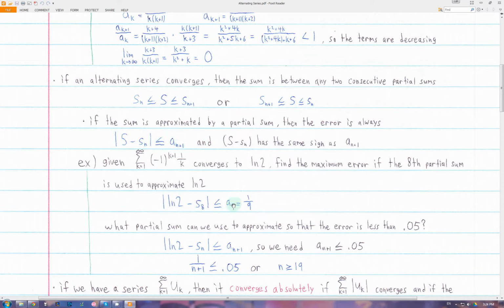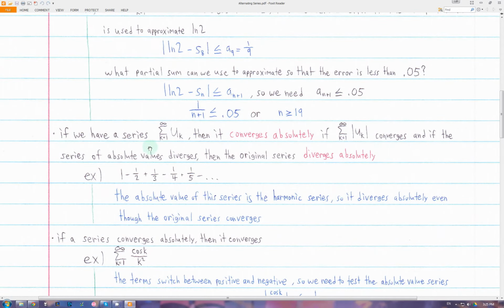So the ninth term over here, which is just 1 over 9. So when we use the eighth partial sum to approximate the sum of this alternating series, the error is going to be less than or equal to 1 over 9. So that's how accurate we are.